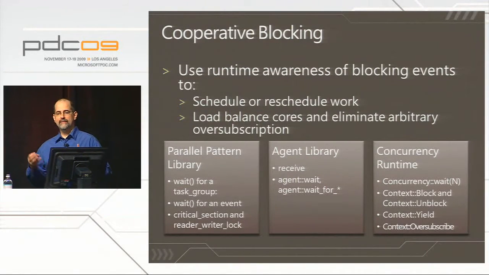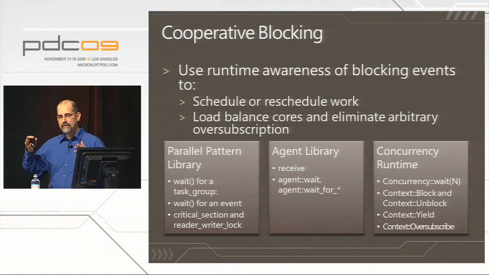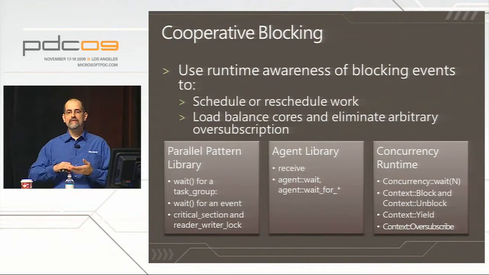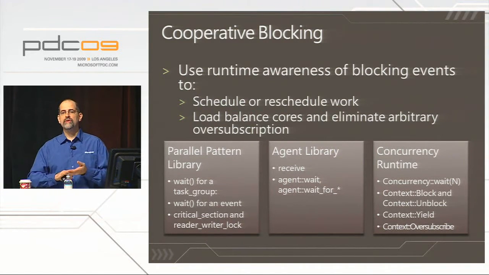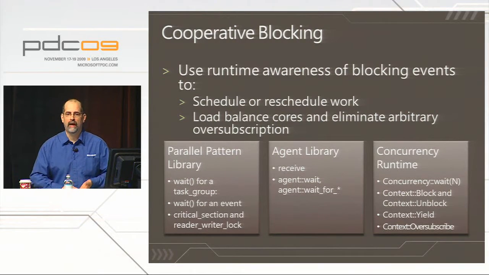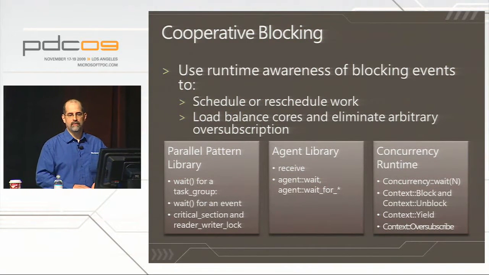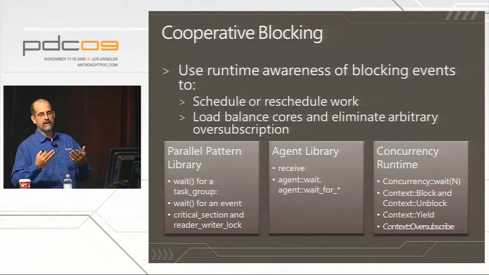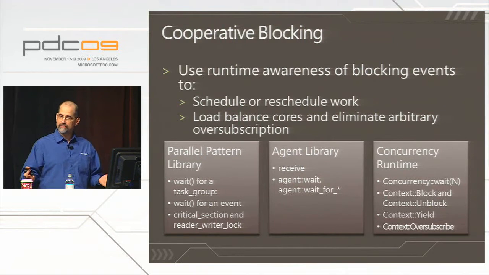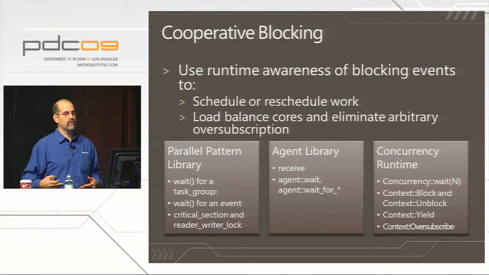Cooperative blocking is provided to you by having things like the event class, which the concurrency runtime knows about. These communicate with the runtime saying, I'm blocked. We do that through things like receive: when I want to receive a message in the agents library, I'm waiting in the task group.